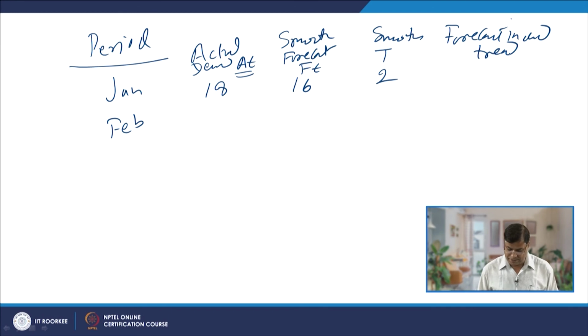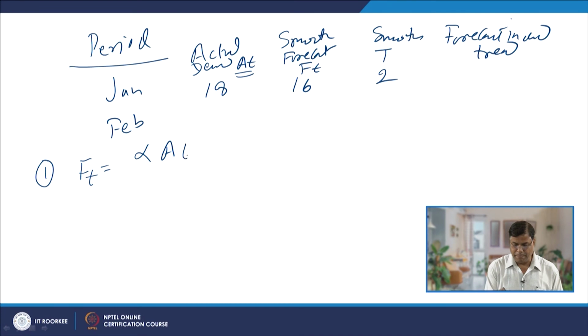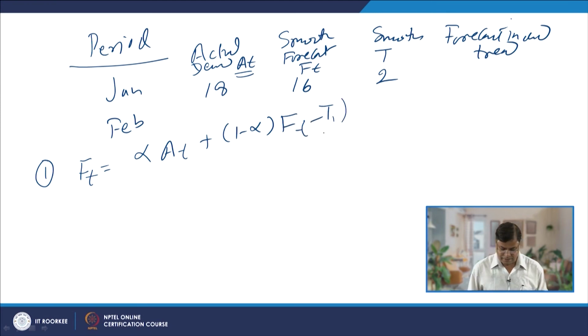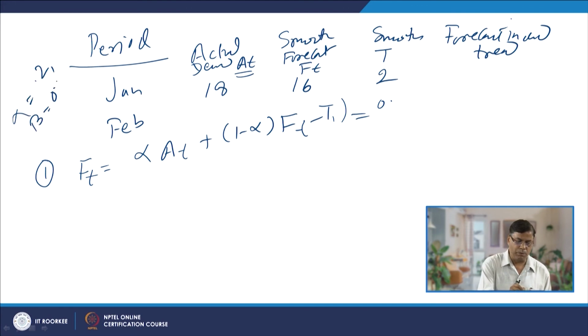How can it be done? For this we need to use the equation. First, the exponentially smoothed forecast, that is the first step. It considers alpha times AT, the actual demand, plus 1 minus alpha times FT minus T1, the trend that we have. We put these values in the equation. Say alpha is 0.2 and beta is 0.4.